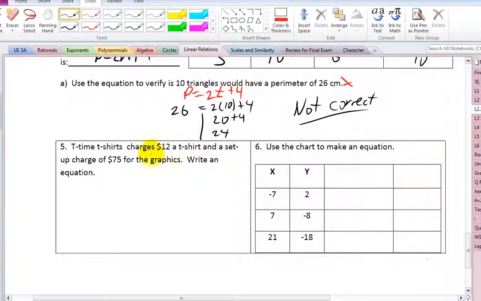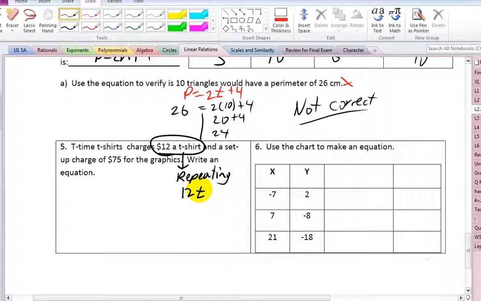So here we have $12 a t-shirt. Okay, the club wants to make $12 a t-shirt. This is going to be repeating, right? So it's the cost. So it's going to be 12 times every t-shirt. You do that when you go in the candy store. You buy 5 gumballs at 10 cents and it costs? Exactly. What did you do?